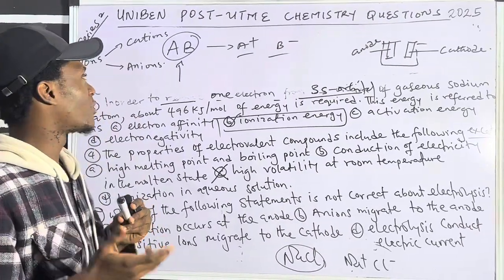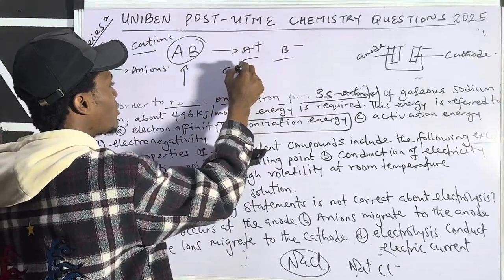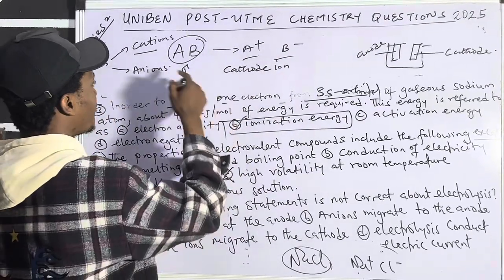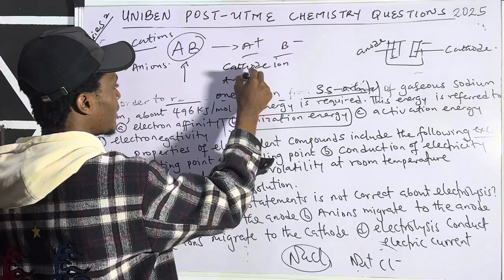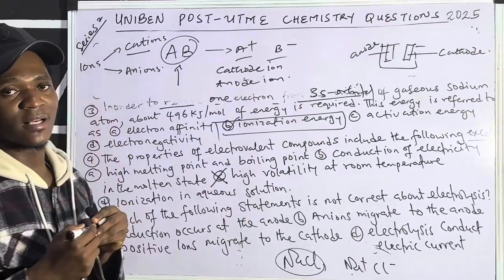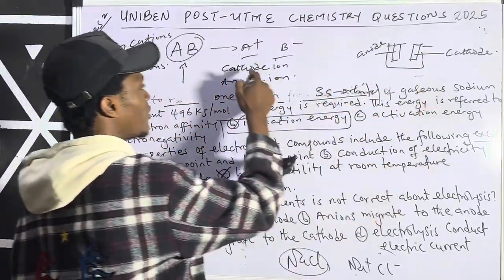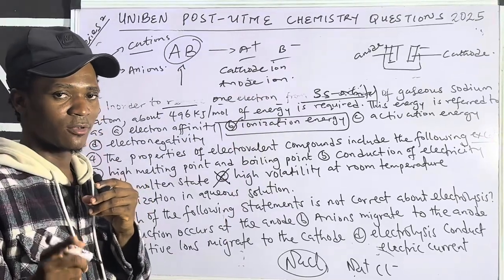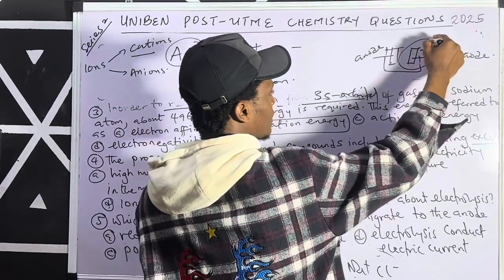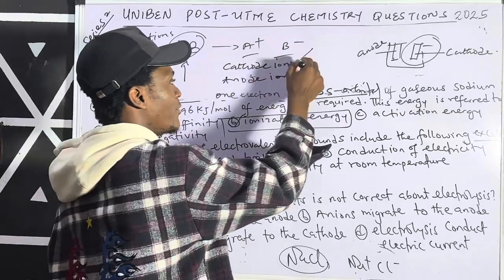The full name of cation is cathode ion, and the full name of anion is anode ion. Cathode ion means any ion that migrates to the cathode is called a cathode ion, or cation.